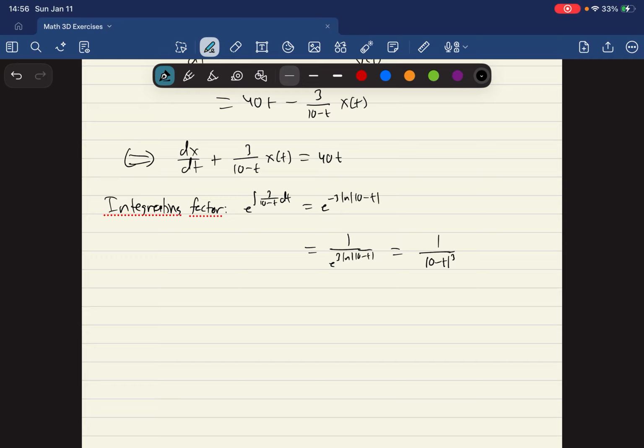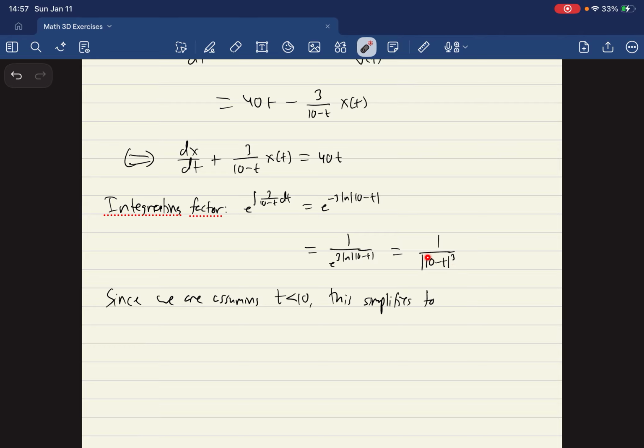But now this is where that comment I made, where we're assuming that t is less than 10, is going to be important. So since we are assuming that t is less than 10, this simplifies to, because the absolute value brackets are going to, oh, wait.